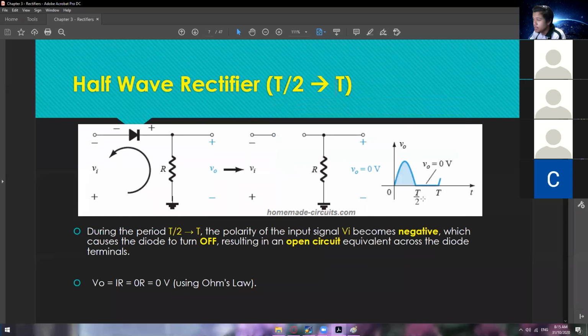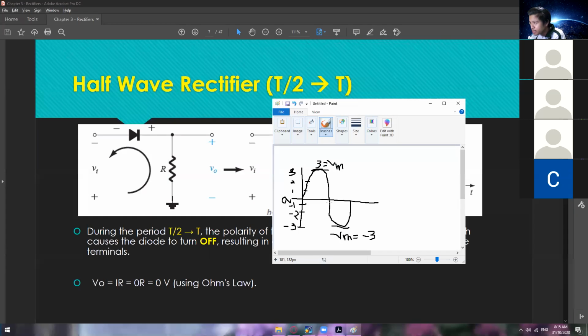Okay. So during this period, to the full cycle, the polarity of the input signal Vi becomes negative. So as you can see at this point already, this one will become negative.